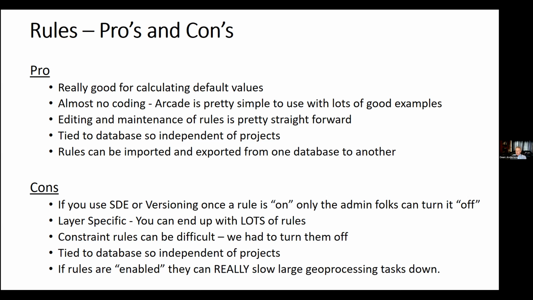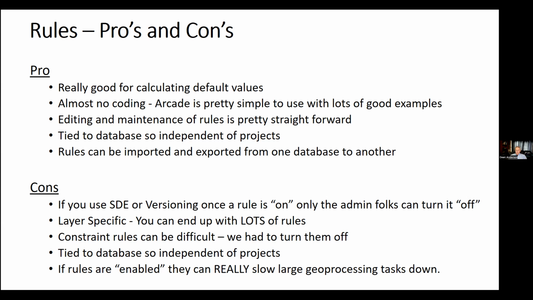The other piece that we ran into that happens way too often is when a rule is enabled and you're going to do large geoprocessing tasks, they'll kill you. They just take forever.